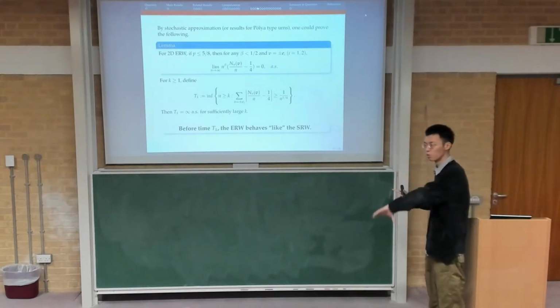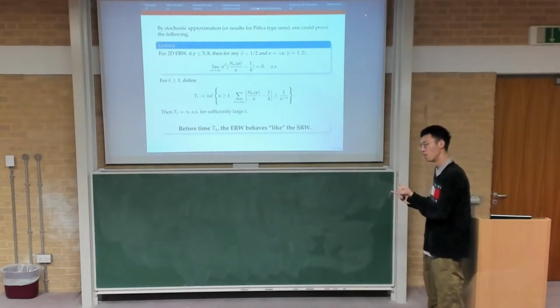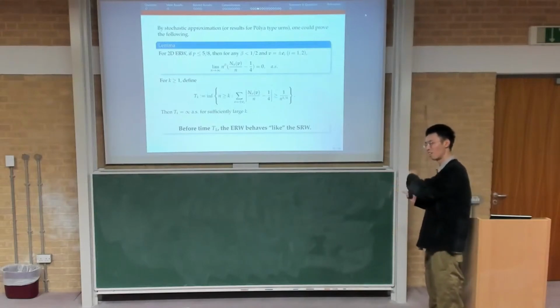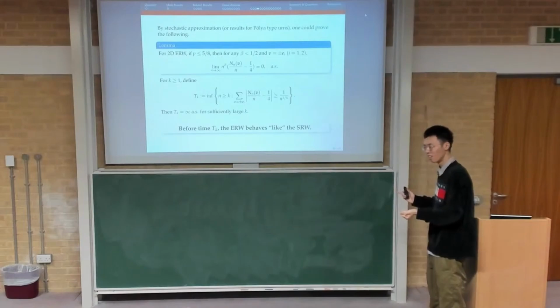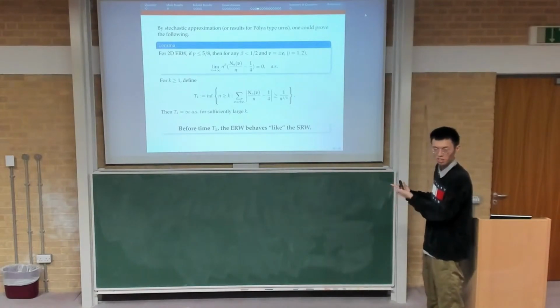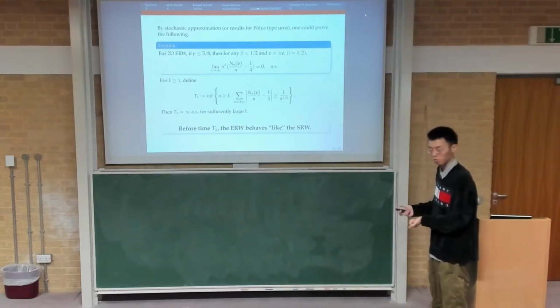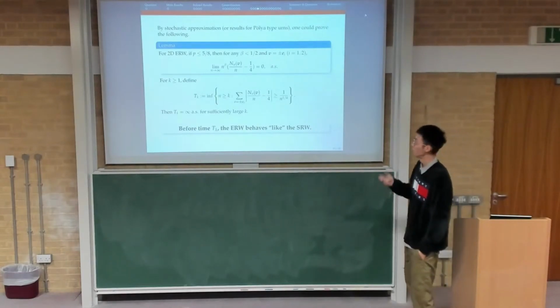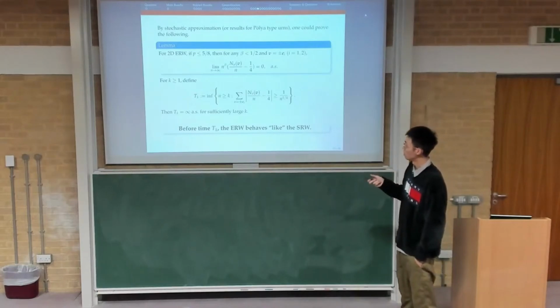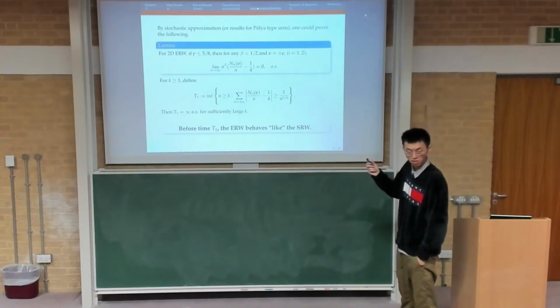At each time step, you draw a ball, you observe its color, and you put it back. With probability P, you add a new ball of the same color. With probability (1 minus P) divided by 3, you add a ball from one of the 3 remaining colors. Then it is somehow equivalent: the empirical distribution of the steps is equivalent to the empirical distribution of the balls of different colors.